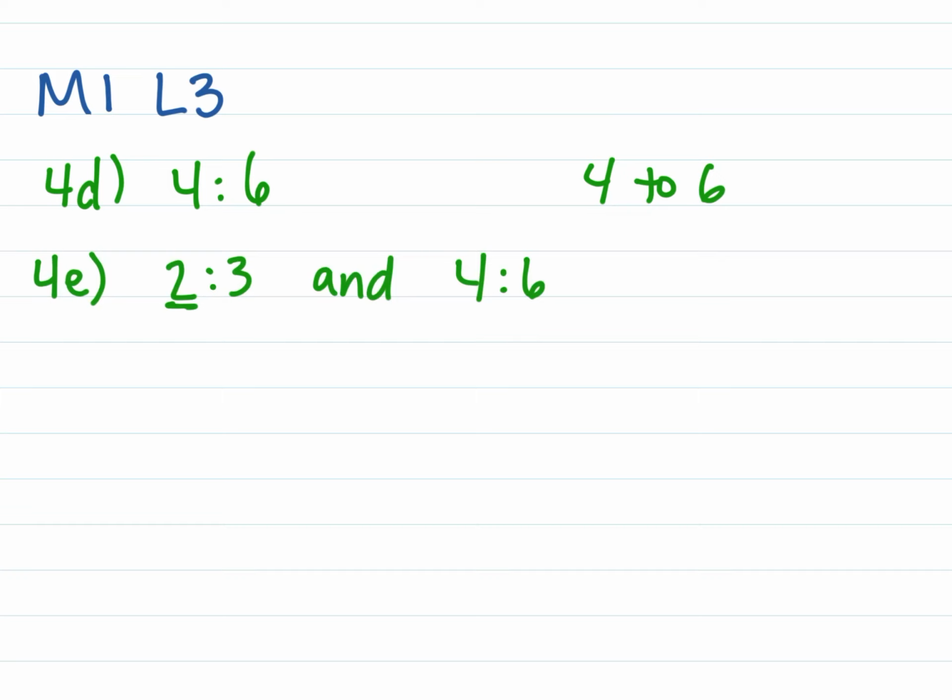Did we multiply by the same thing? Yes. So these two are equivalent, just like if we were to say 2/3 and 4/6 are equivalent. If you multiply them both by the same thing, they are equivalent fractions, and in this case, they are equivalent ratios.